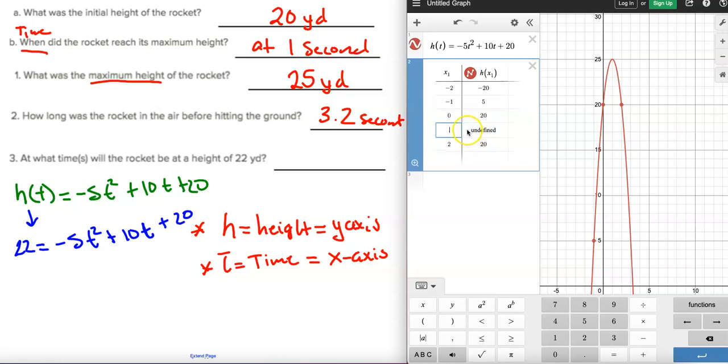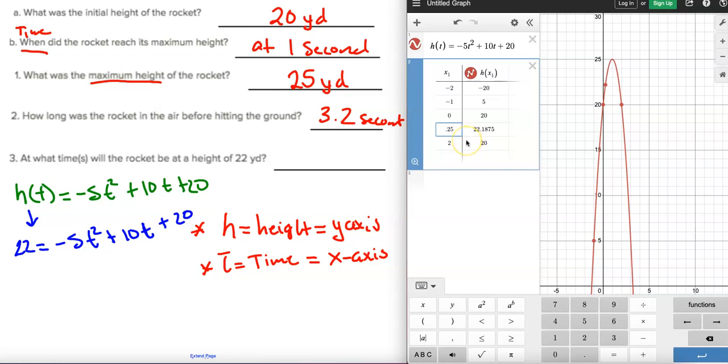I can play with some numbers. I'm going to start with 0.5, and I see at 0.5 seconds, I'm at 23 yards. That's a little bit more, so I'm going to put 0.25, and I got a little bit closer. But you can see that this is just guess and check.